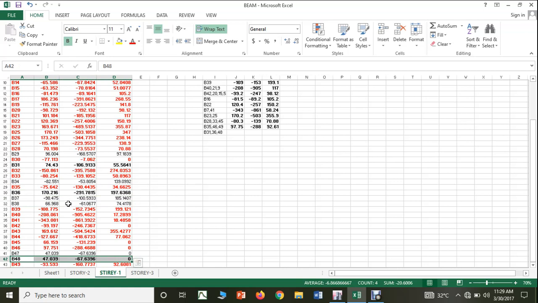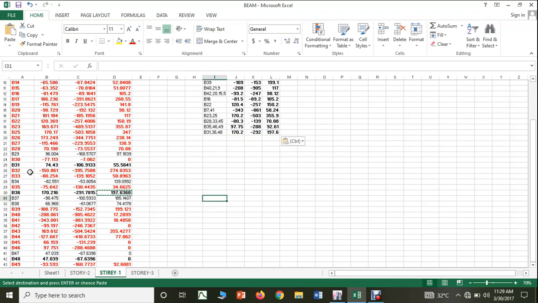So out of these three, the 170 and 291 I'm supposed to choose, and the positive moment will be 197. So 31, 36, so 48.